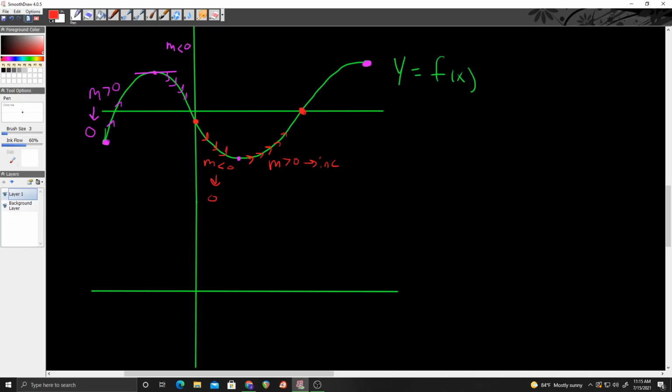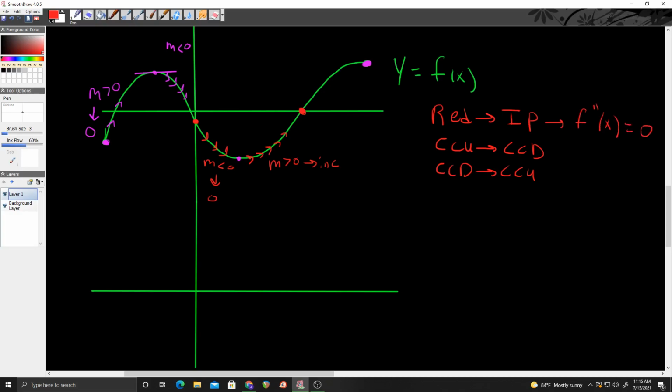So here in red, we have our inflection points. That's where we go from concave up to concave down, or vice versa, concave down to concave up. And let's remember, if we have an inflection point, our second derivative is going to be 0.